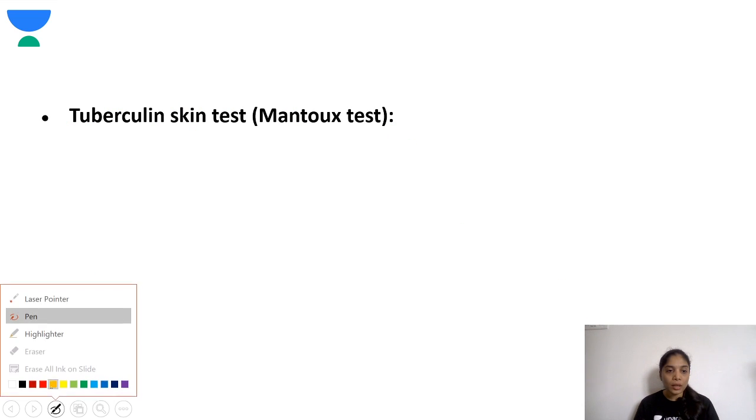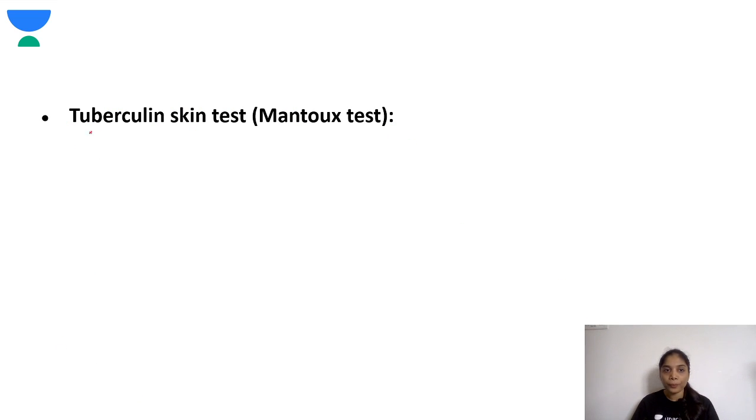So next, coming to the tuberculin test or the Mantoux test. One thing you have to remember is that this is an intradermal test. This is done on the volar aspect of the forearm.